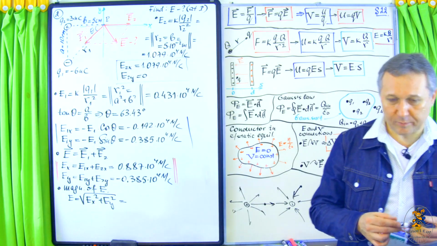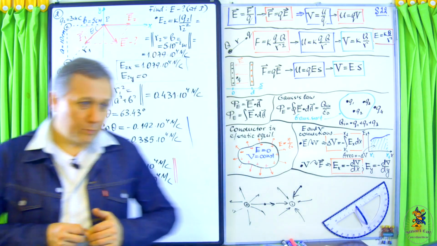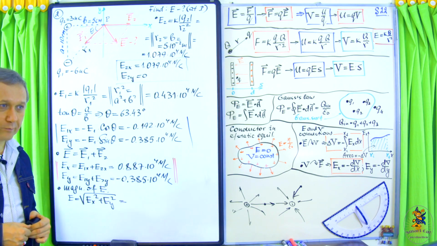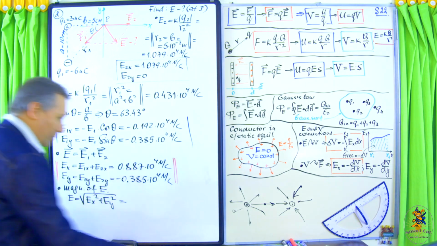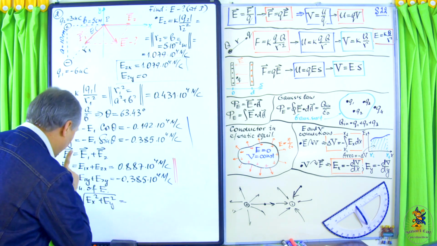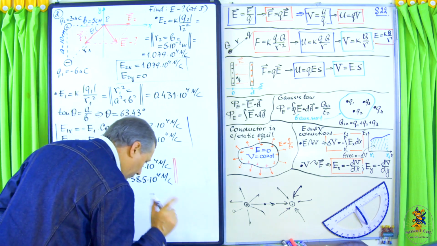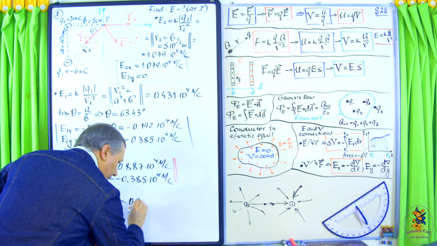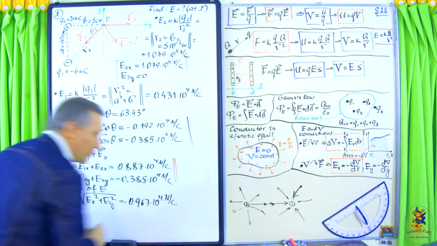Again, in the recitation class we spent more time drawing additional pictures in order to explain, but at this point I hope you are familiar with all the steps. Just reviewing. But if you need more explanations, just tell me, don't feel awkward asking. If you square this, plus square that, and take the square root, you will end up with 0.967 times 10 to the power of 4. Again, units, newtons per coulomb.